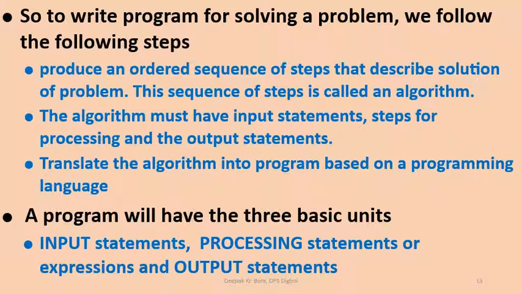You can write an algorithm very easily if you can solve the problem on your paper first, and based on how you have solved it, you can write the ordered sequence of steps. The algorithm must have input statements, steps for processing, and output statements. Last, translate the algorithm into a program based on a programming language.